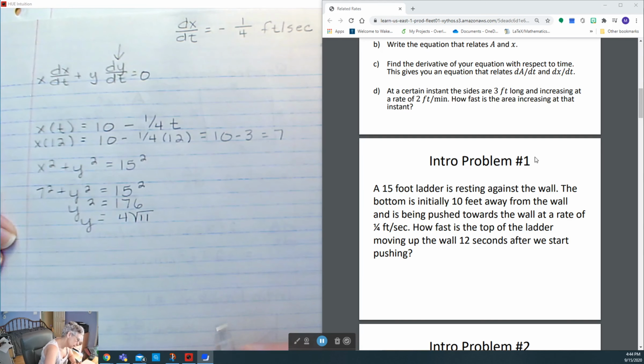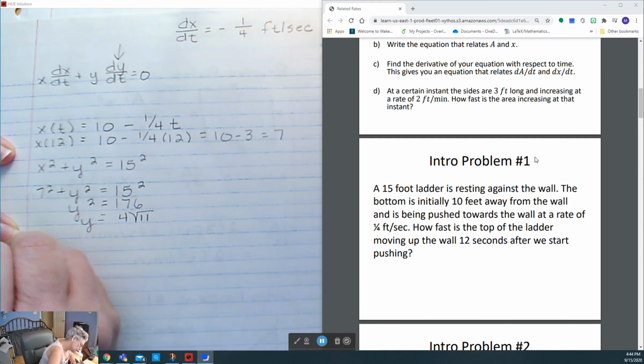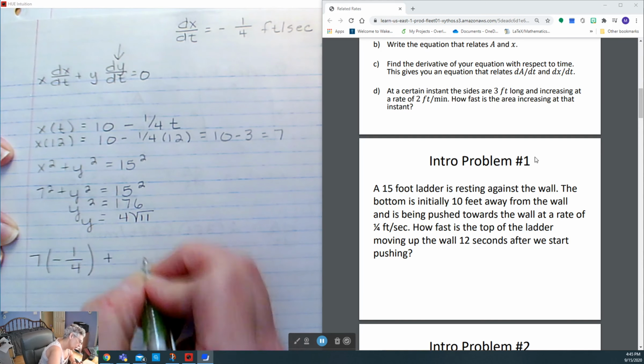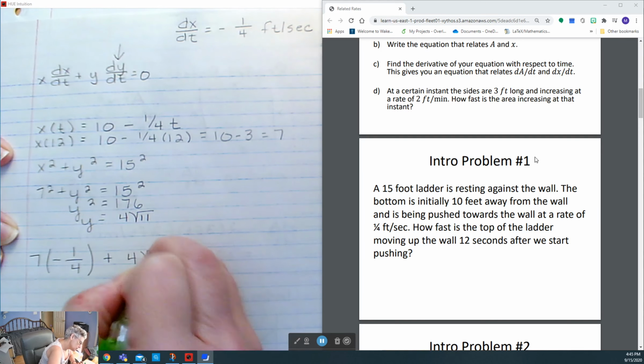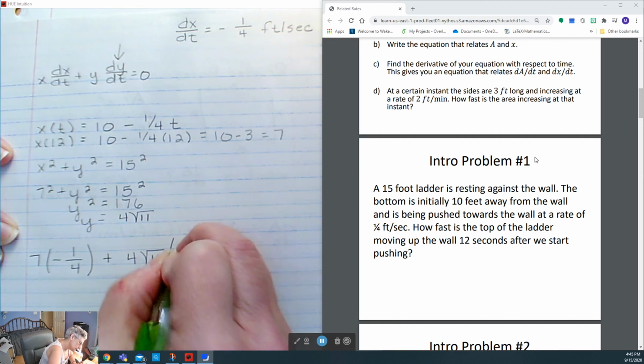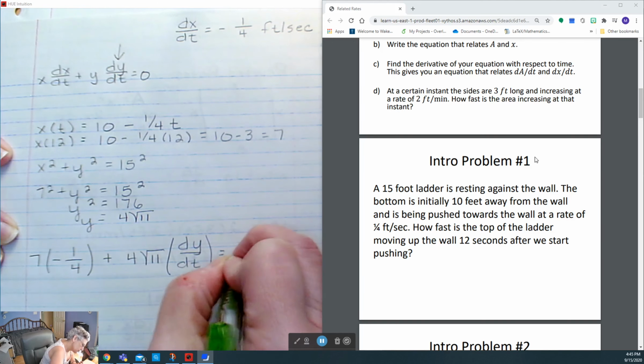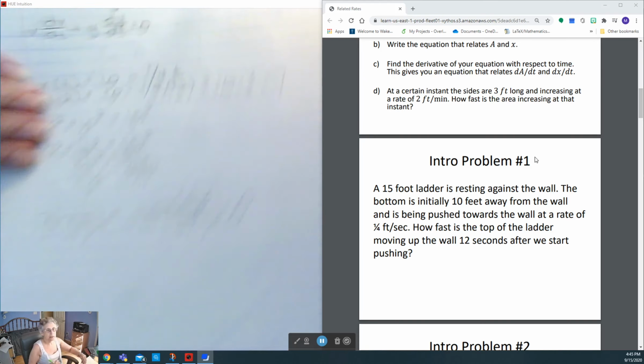Now I can plug and chug. X is equal to 7. dx/dt is minus 1/4. Y is equal to 4 times the square root of 11. dy/dt, my goal that I want so very much, is what we're solving for.